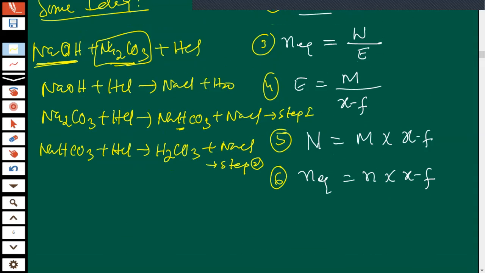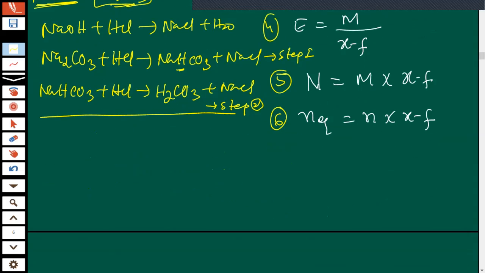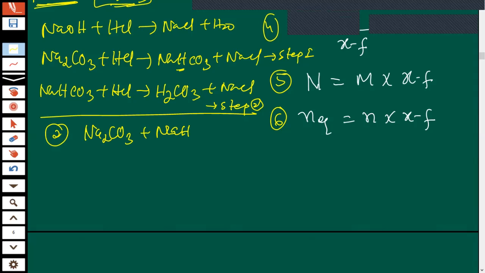Okay, or you can get this case also: Na2CO3 and NaHCO3, right? And if it is allowed to react with HCl, then you have to decide who will react and who will not react.